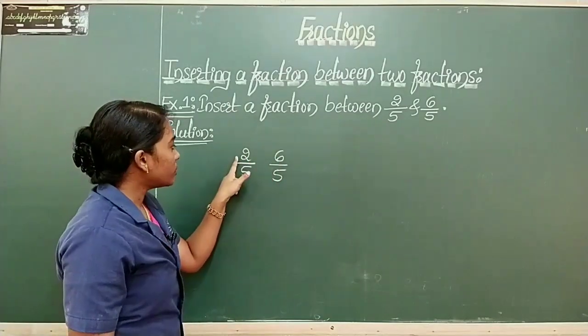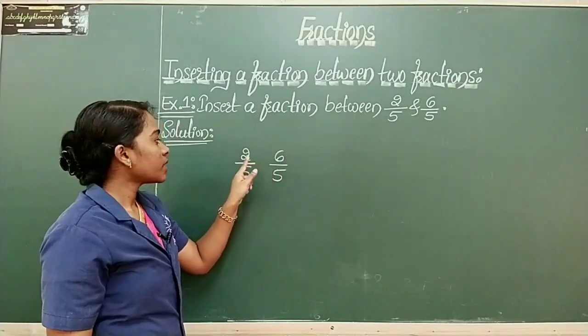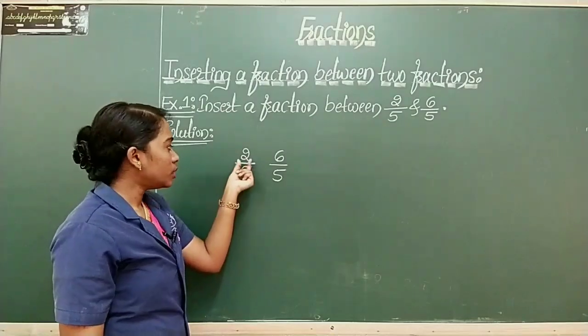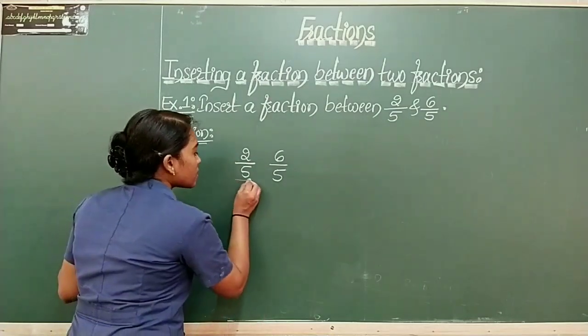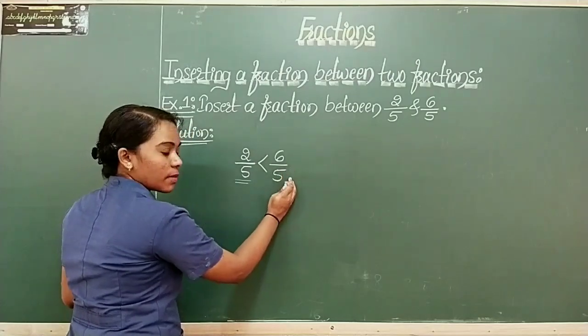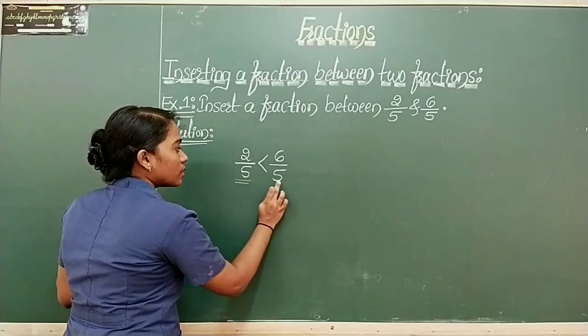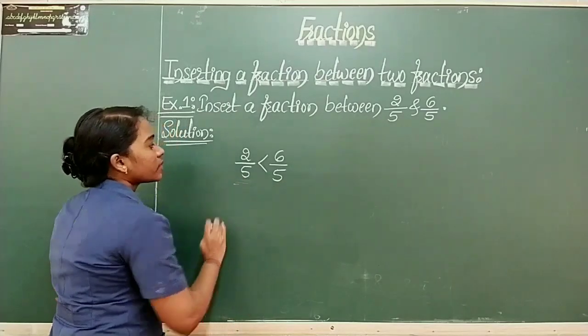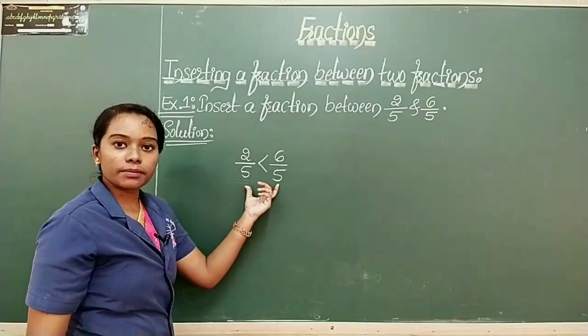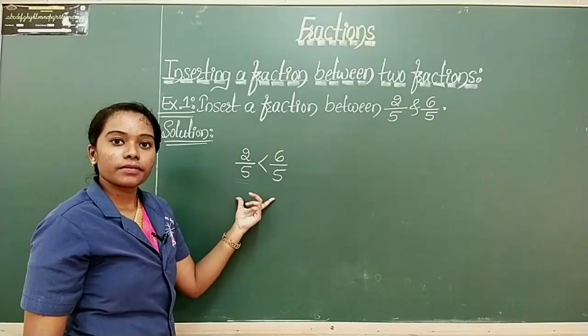Here we have 2 and here we have 6. Which is smaller here? 2. Therefore, 2 by 5 is smaller than 6 by 5. This is our first step. You have to compare the given fractions.